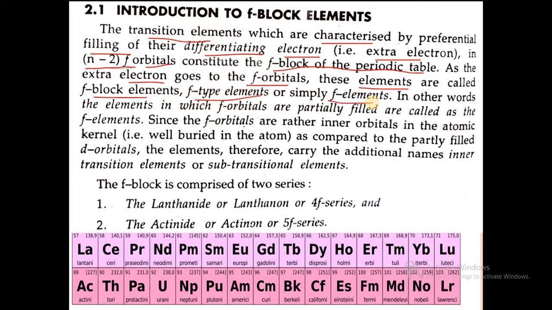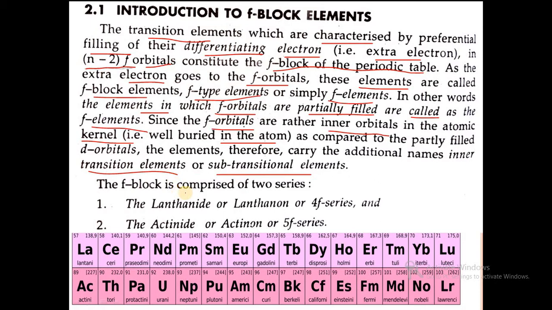In other words, the elements in which f orbitals are partially filled are called f block elements. Since the f orbitals are inner orbitals, well buried in the atom compared to the d orbital, they carry the additional name inner transition elements.